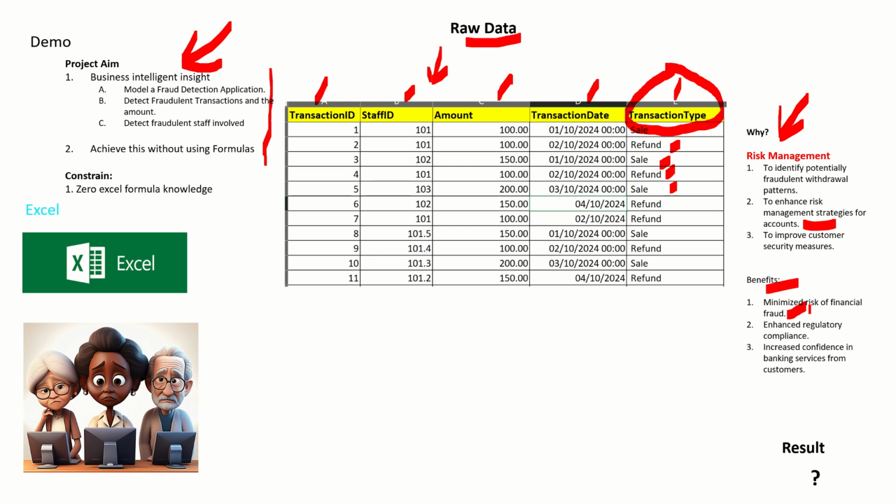It might minimize any losses financially that your company might be going through. Also, enhanced regulatory compliance, which is key. Customers having issues with the company, fraudulent activities or whatever is going on, can report you to any regulatory agency, and that won't look good for a company.